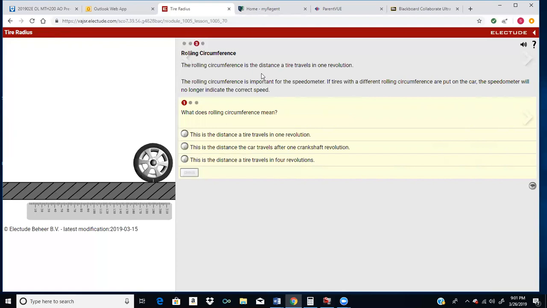If tires with different rolling circumferences are put on the car, then the speedometer will no longer indicate the correct speed. So it says, what does the rolling circumference mean? Okay, and then it says that this is the distance the tire travels in 1 revolution. This is the distance the car travels after 1 crankshaft revolution, or this is the distance a tire travels in 4 revolutions. And so this is, for 1 revolution, circumference.